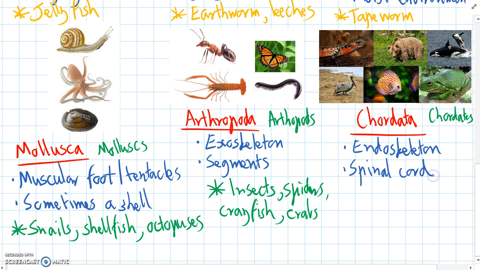So we have nerves that run down our back, as part of our nervous system. So the chordates includes most of the common animals that we know. The fish, the amphibians, so the frogs and the toads, reptiles, and mammals and birds.